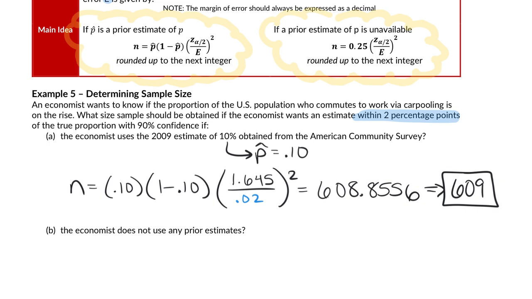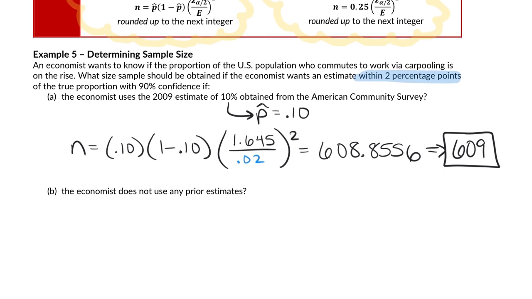But what happens if the economist doesn't want to use a 2009 estimate because it's 2025 and that's an old estimate? So they don't have any prior estimates to use. So we switch formulas.